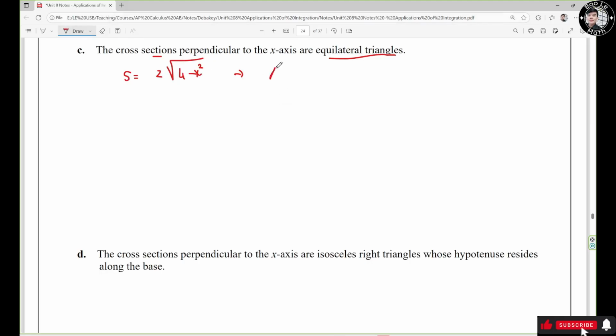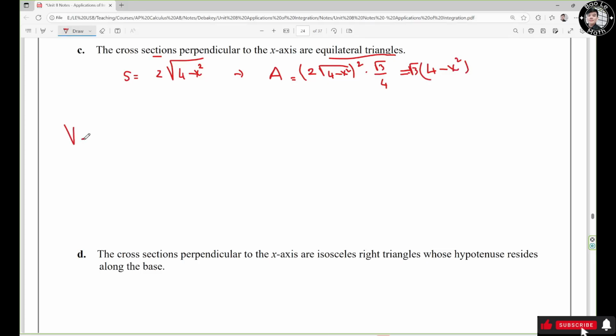And the area of the equilateral triangle should be 2 square root of 4 minus s squared, all together squared, times root 3 over 4, right? Now 2 squared equals 4, 4 and 4 right here cancel out, right? This one squared equals 4 minus s squared, right? So I have 4 minus s squared, and I need to multiply by root 3 right here, right?